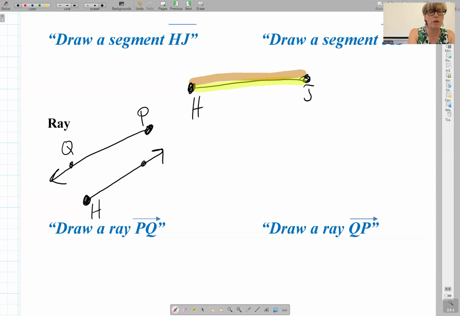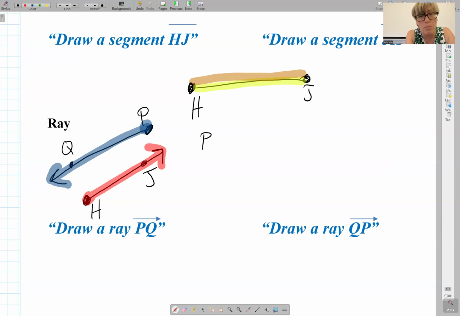So this ray here, I'm going to color code it for you, and this ray here.